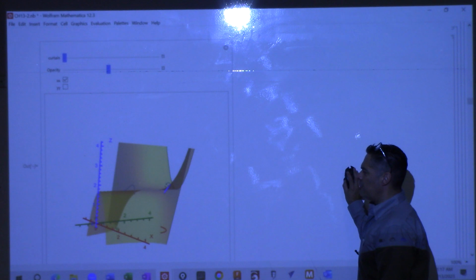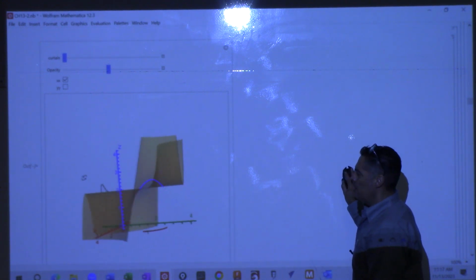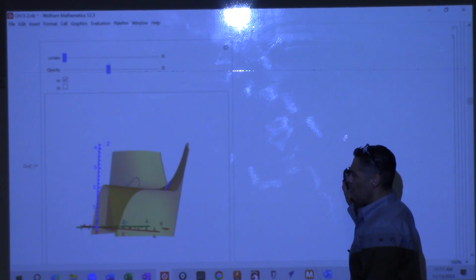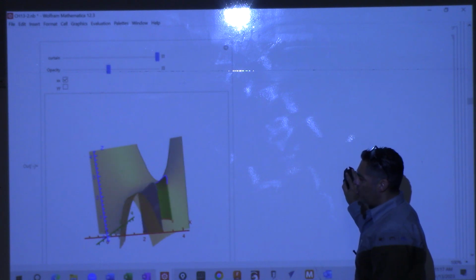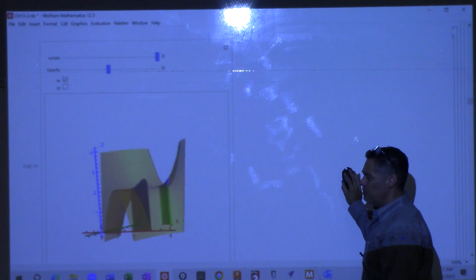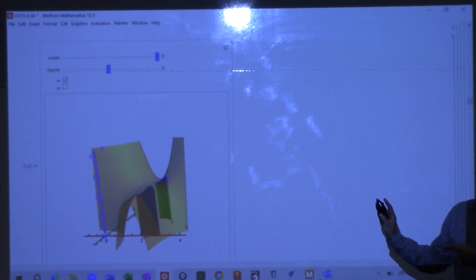That's the projection of that curve onto the xz plane. And if we project it onto that xz plane, then we are finding the area of that curtain, the gray one instead of the green one. Are they going to have the same area? No. That's the line integral with respect to x.